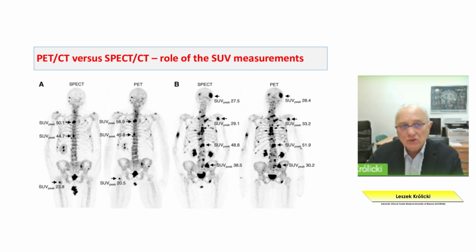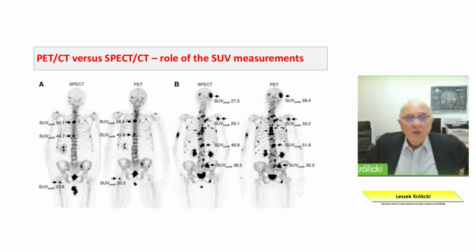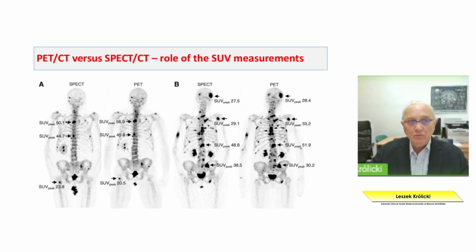Moreover, what I like here is the use of SUV measurements based on SPECT CT examination. Here you can see the images of the bones with use of different technologies, and given the current state of art of software and hardware, we can see that this is really identical.